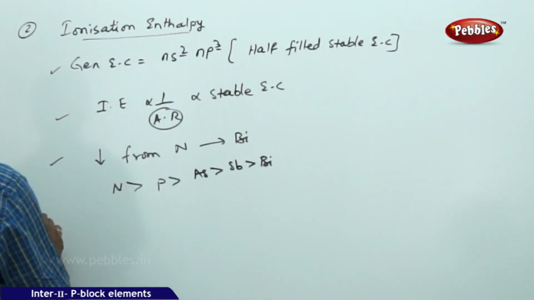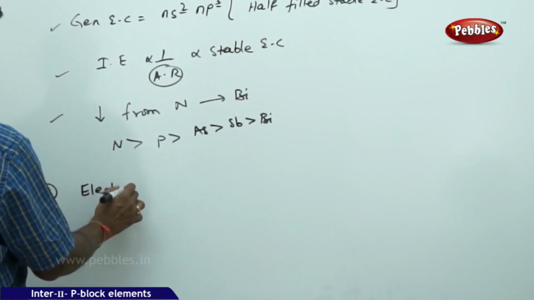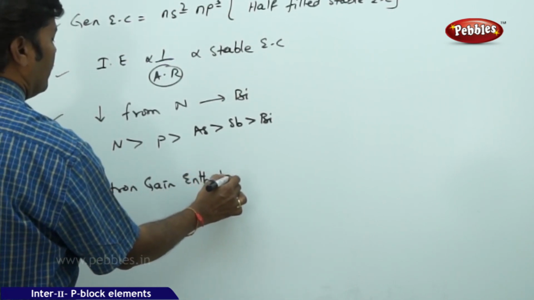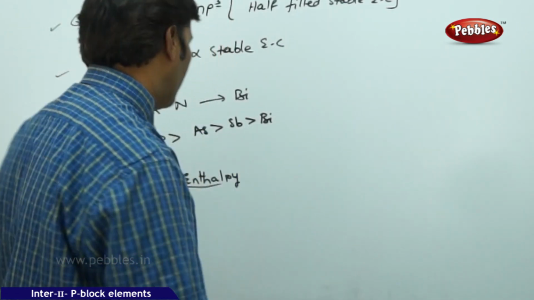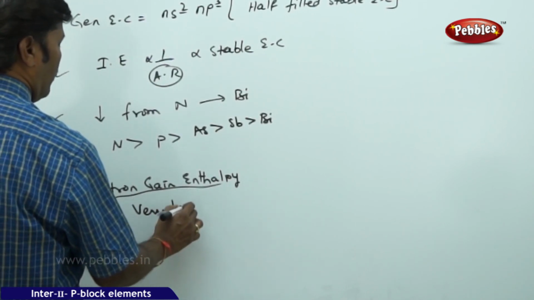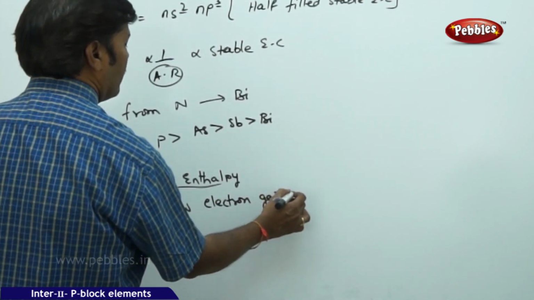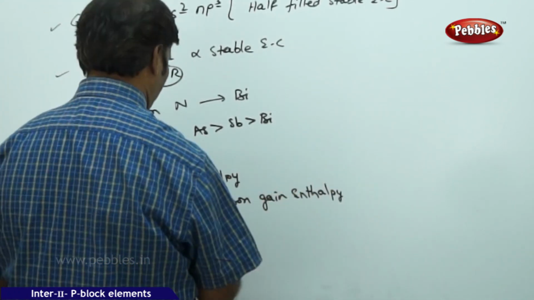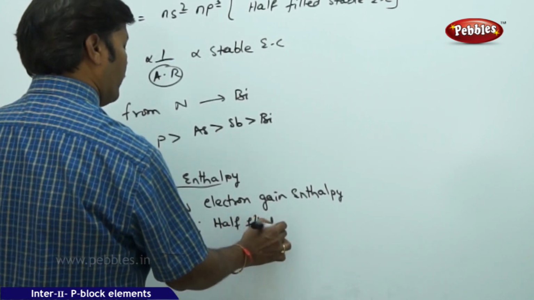Then electron gain enthalpy, which is nothing but electron affinity. All these 15th group elements have very low electron gain enthalpy because they have a half-filled electronic configuration.